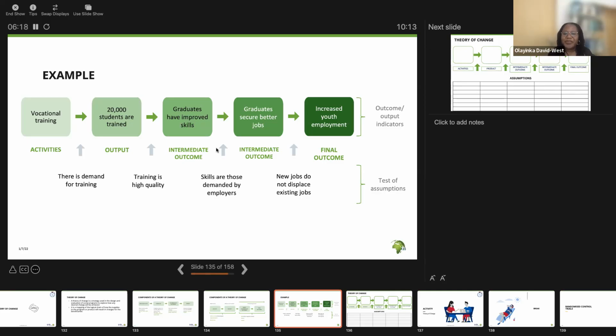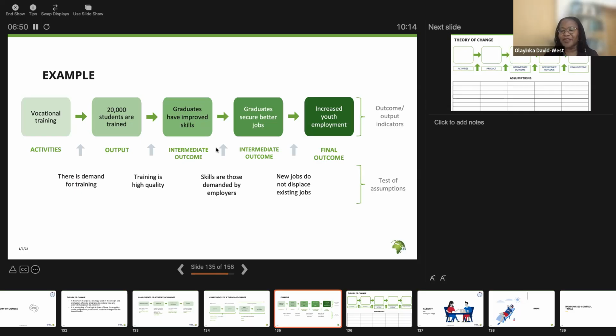I'm just refining the same example to our own customer segments. And what do we have? We have a woman that's a bit more astute in business practices and bookkeeping, and can manage her inflows and outflows better. So she has improved skills. That's an intermediate outcome. And what does that mean for us? That could mean that she's able to negotiate better with her suppliers.